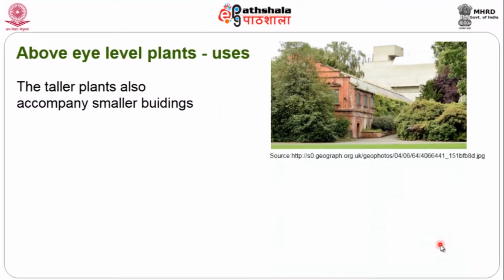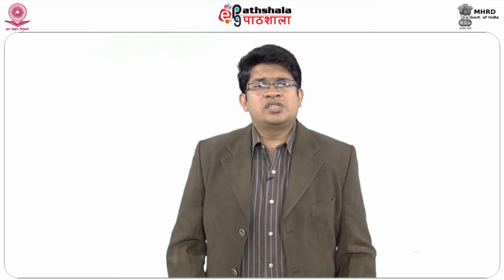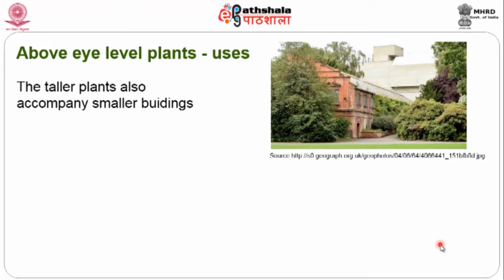Moving further, we see that these taller plants can also accompany smaller buildings. Buildings as standalone elements are part of the urban landscape, but in many cases they require these taller plants to go with them and soften up the visuals in the urban landscape.